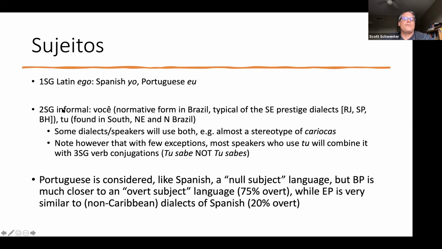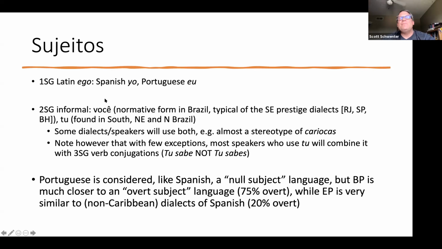So let's talk for a second now about the second singular, right? The you singular pronoun. So you might already know that você is the normative form in Brazil. It's not the normative form in Portugal.